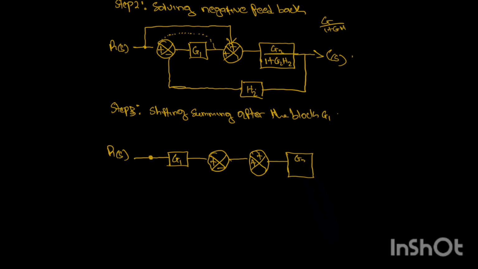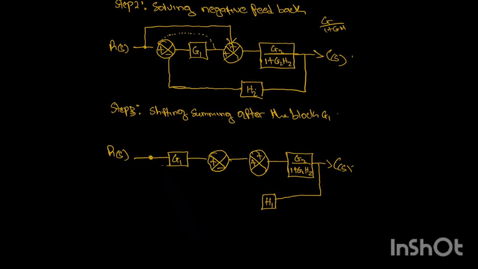Then G2 all over 1 plus G2 H2. So here we have C of X. So we move this over here. We have moving this over here. We have what? H1.